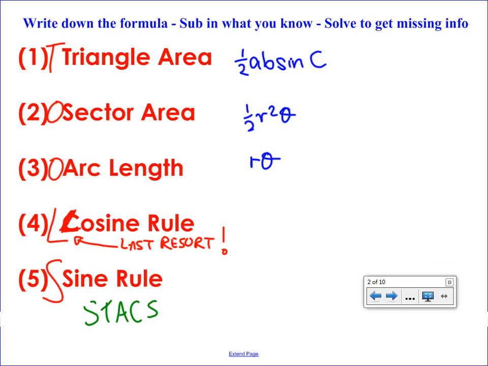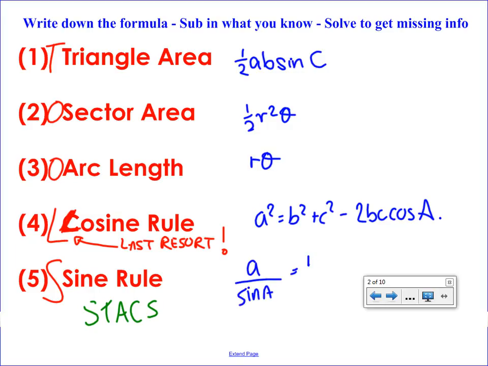Cosine rule, A squared equals B squared plus C squared minus 2BC cos A, capital A. Sine rule, A over sine A equals B over sine B. That's it. Now obviously we need to know what all these letters represent, but these are the formulae that you do have to learn. You have to learn them.